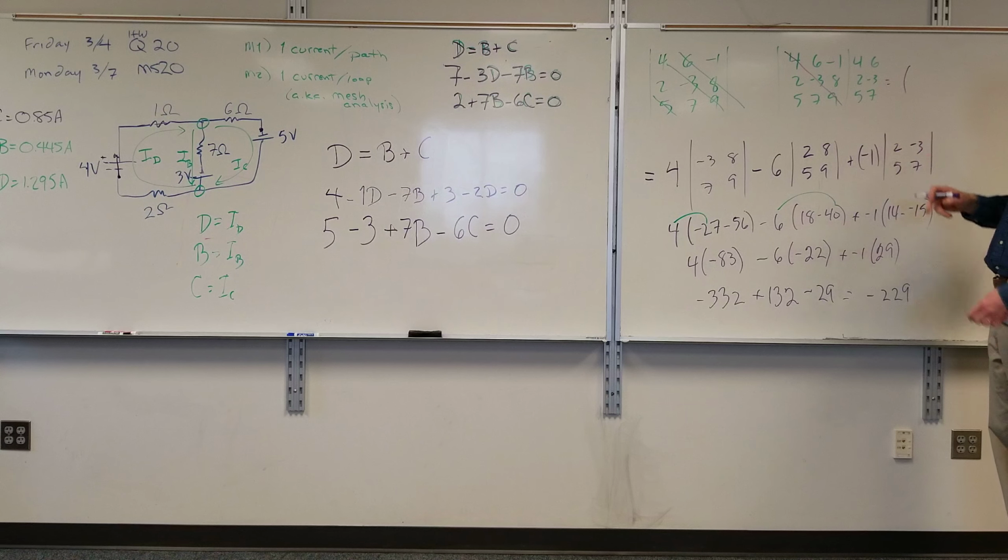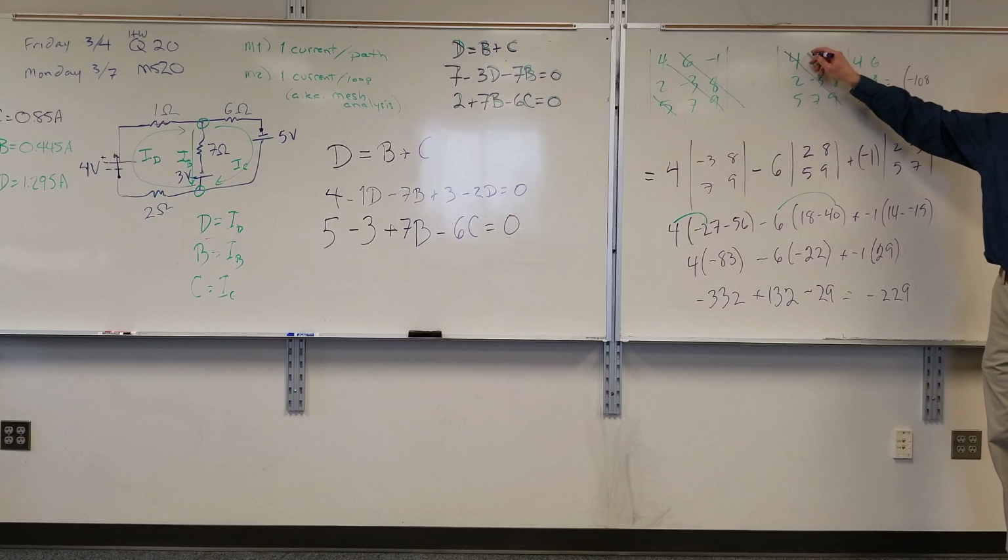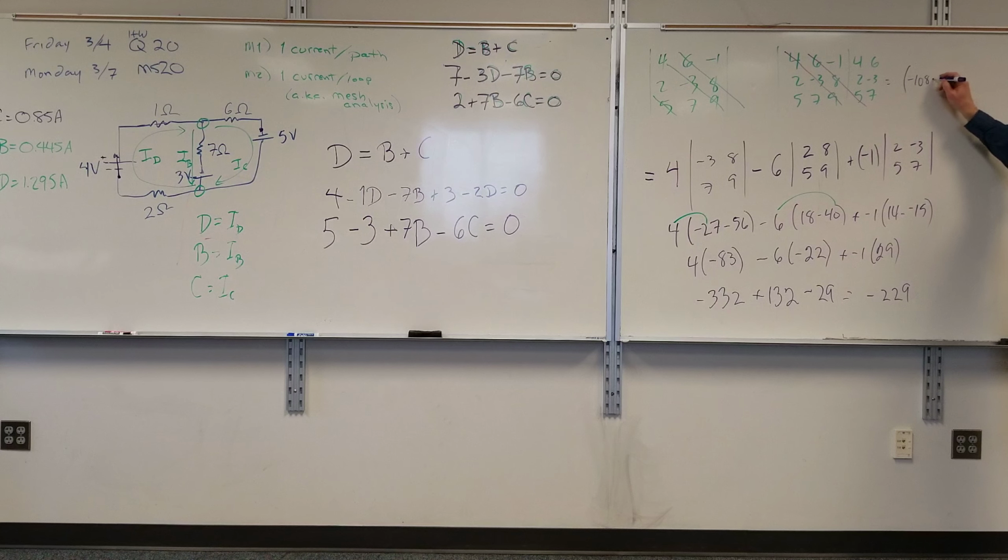So 4 times negative 3 times 9, 12 times 9, negative 108. And then 6 times 5 times 8 is plus 240. And then negative 1 times 2 times 7, plus negative 14.